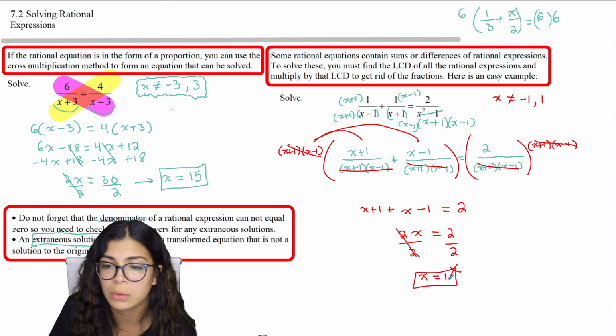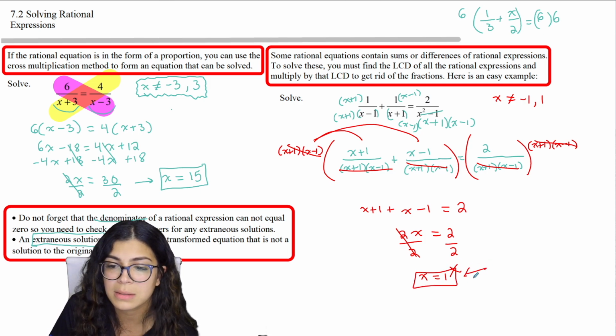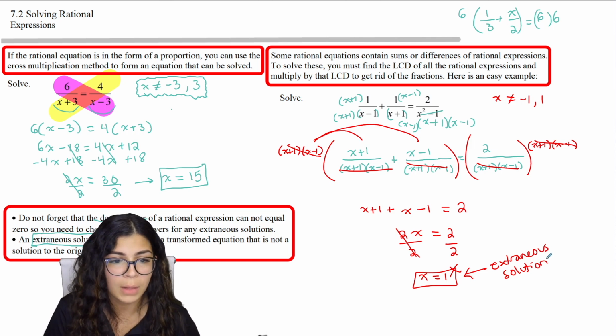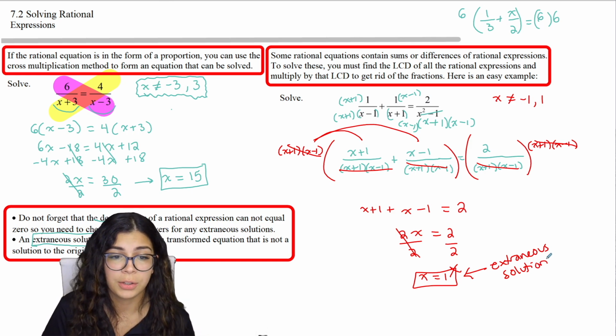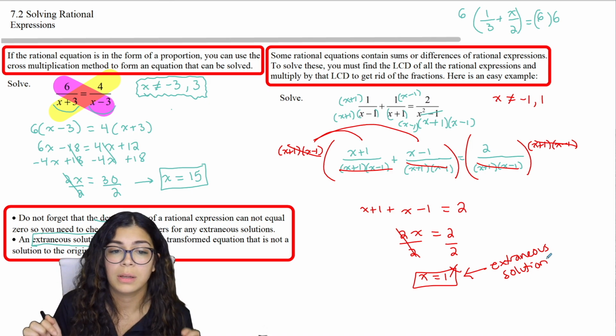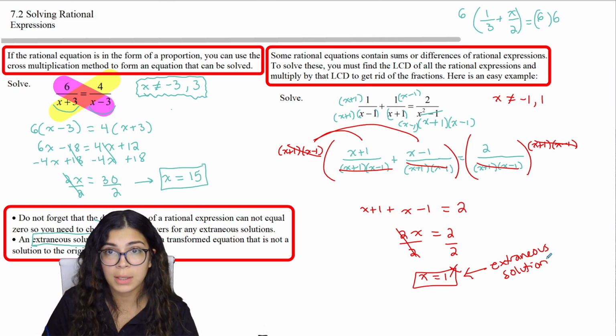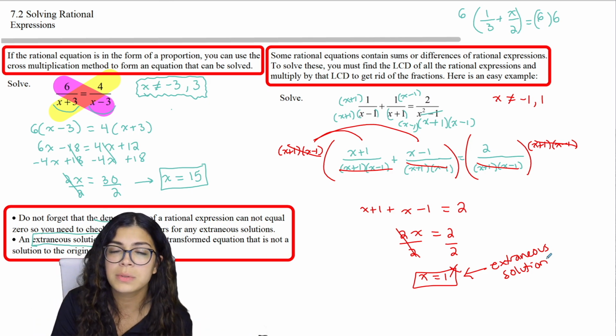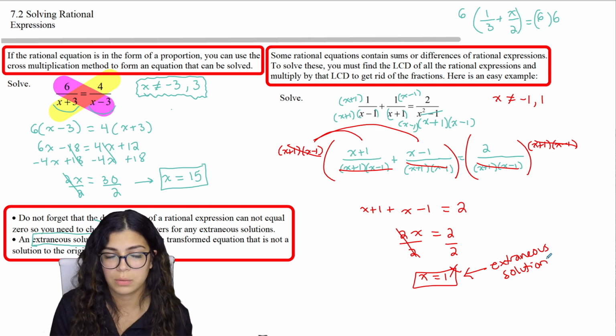Like if I boxed it, no. This is what would be considered an extraneous solution. So don't forget, you need to make sure that you look at your excluded values, and if the solution that you get is a number that was one of the excluded values, then that's an extraneous solution, okay?